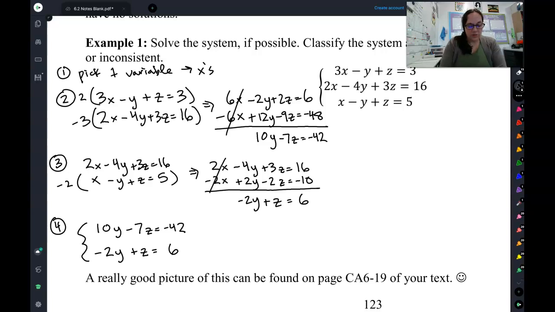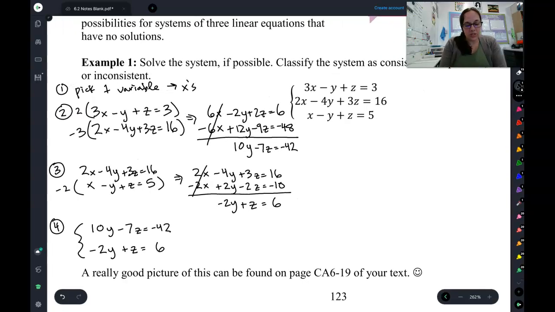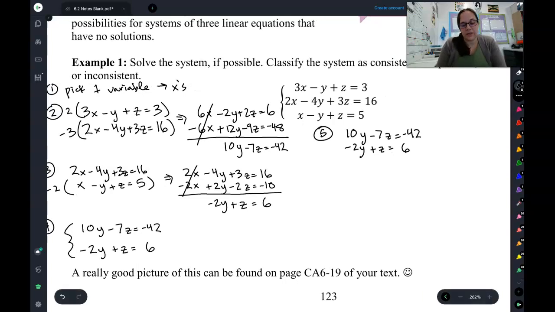So I can use substitution or elimination here. It really doesn't matter which one. I personally prefer elimination. So I'm going to take my 2 by 2 system, and I'm going to use elimination. That's just my personal preference. It really doesn't matter though.